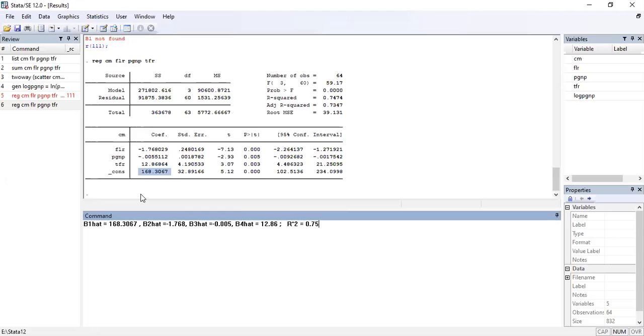You have three variables in the X. So 75% of the variation of child mortality is explained by FLR, PGNP, and TFR together. Or you can say by the regression itself, because in the regression you have these three X variables.